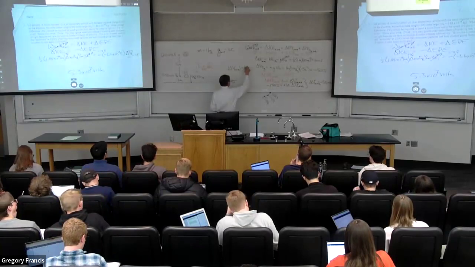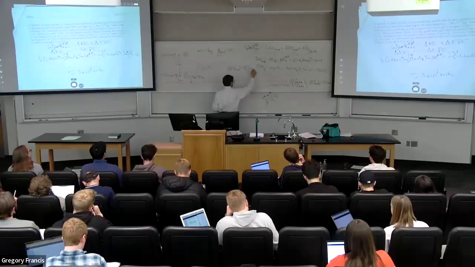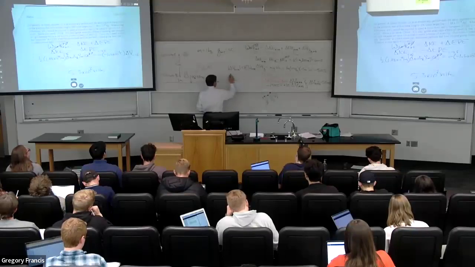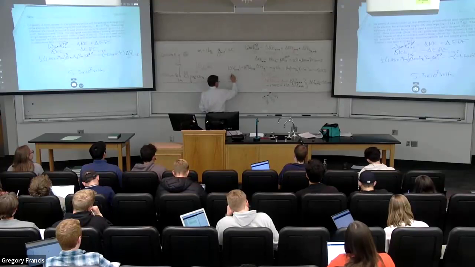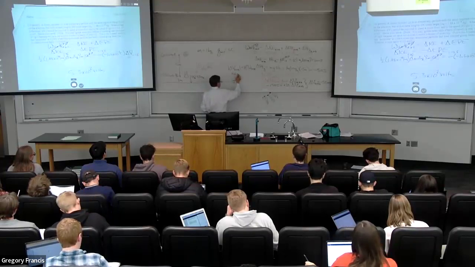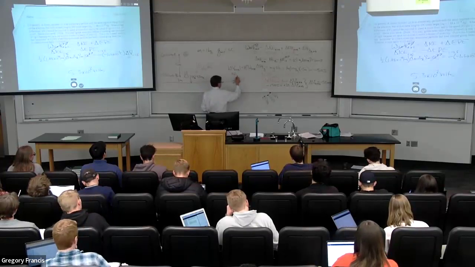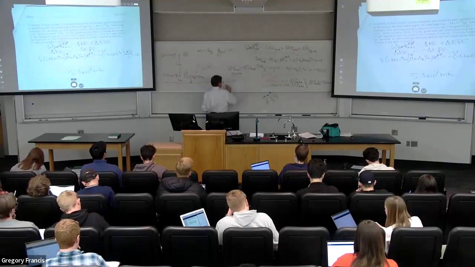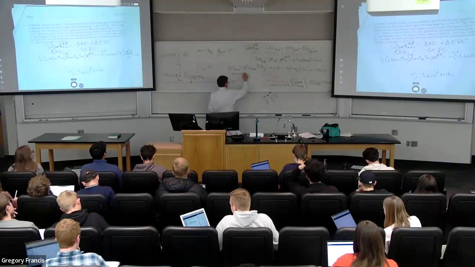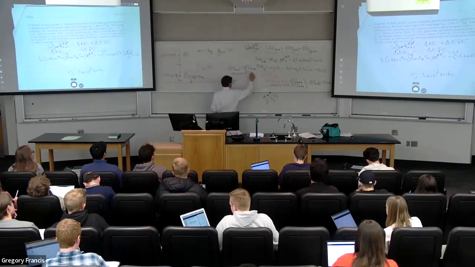This is going to be E times the distance from A to B. And so the magnitude here is 50 volts, and that's going to equal what I'm looking for times 5 meters.